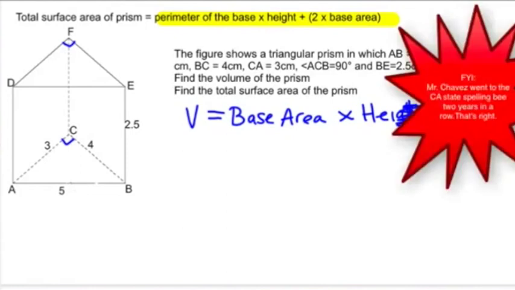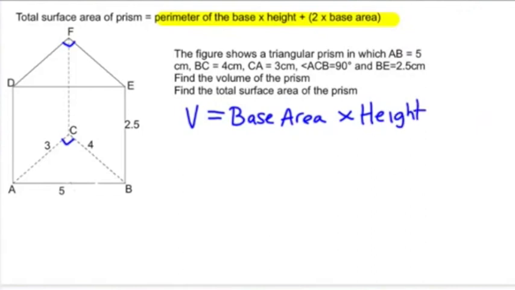Okay. So the base area is going to be the area of triangle ABC.